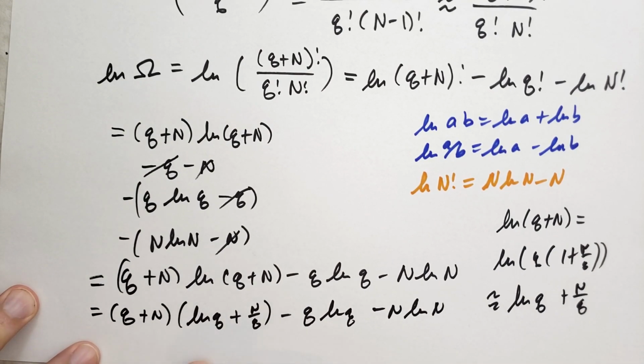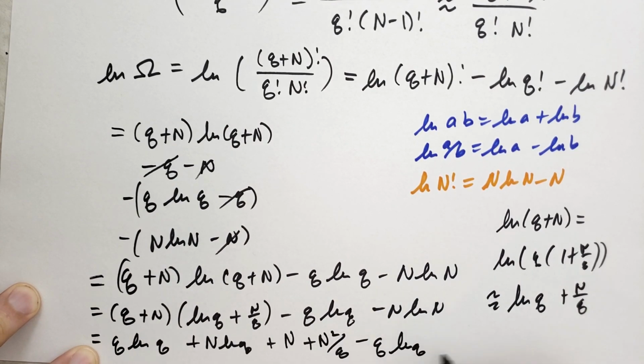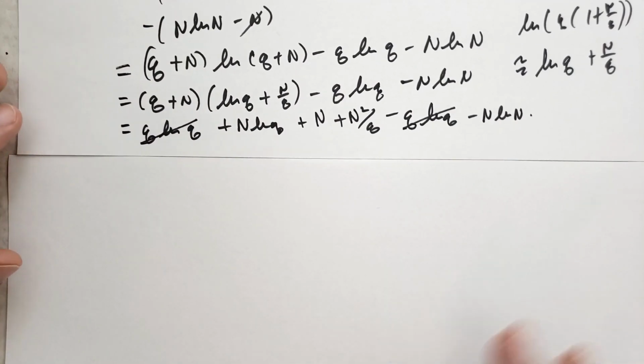And so we can distribute some things out. So we're going to get a q log of q term. We're going to get an n log of q term. We're going to get q times n over q, so we get an n, and we get an n squared over q. We have a q log q here. We have an n log of n here. So this term and this term cancel. Continuing on, I'm going to scroll this up and add another piece of paper at the bottom here.